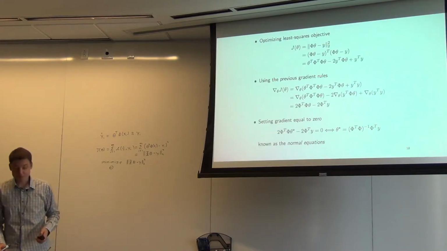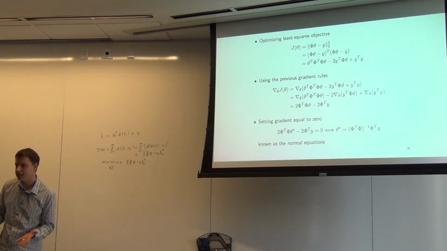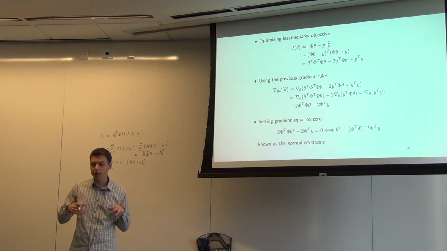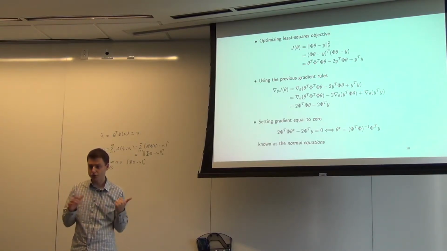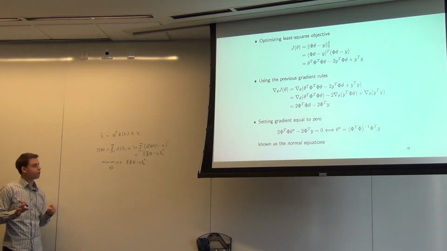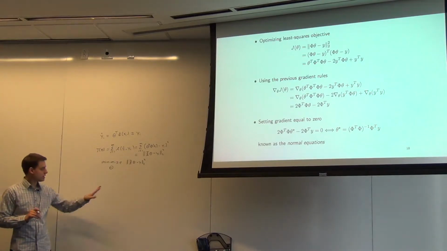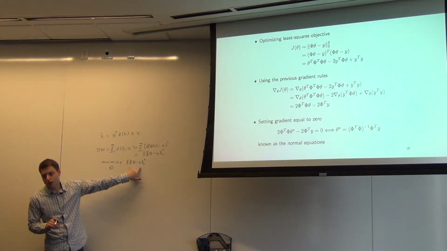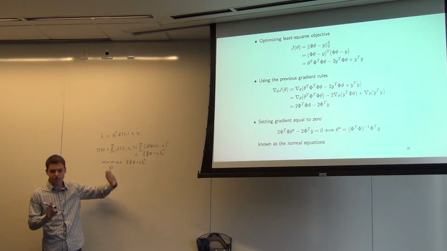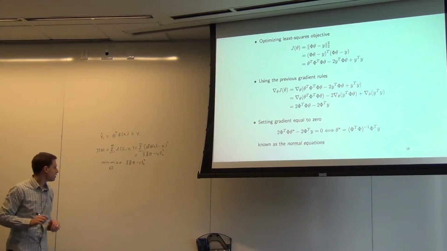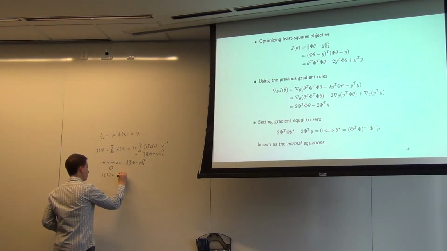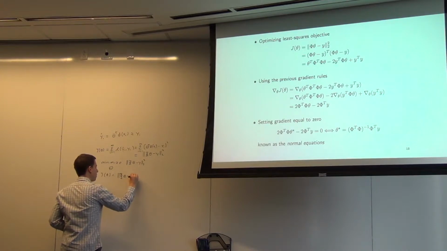So let's write this out in a little bit more detail, apply our rules for gradients, and that will actually give us the solution to this problem. First, let's make this a little bit simpler for us to apply our rules to. You could come up with rules pretty quickly that apply directly to this, but let's just go with the exact form we have. So J of theta equals this thing, phi theta minus y.